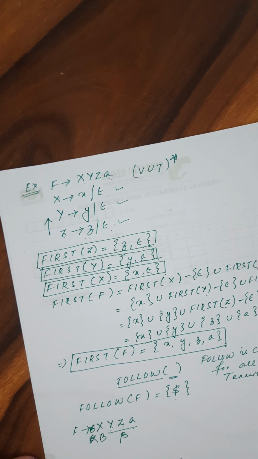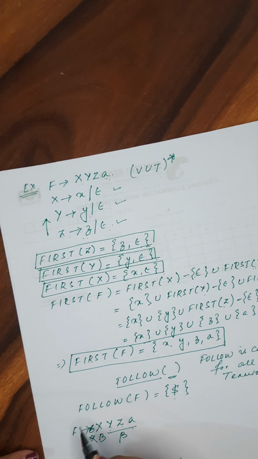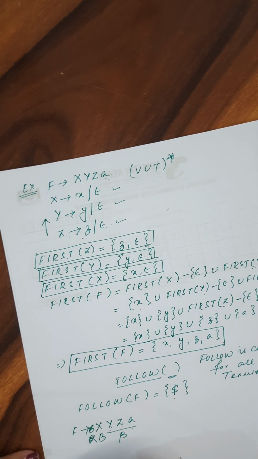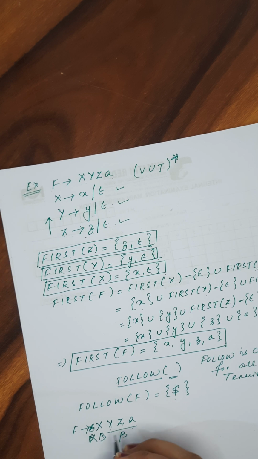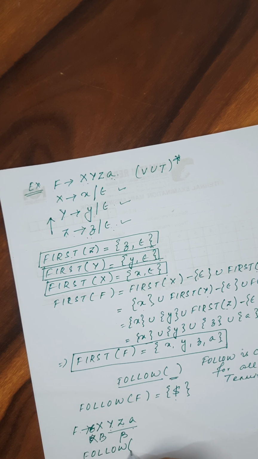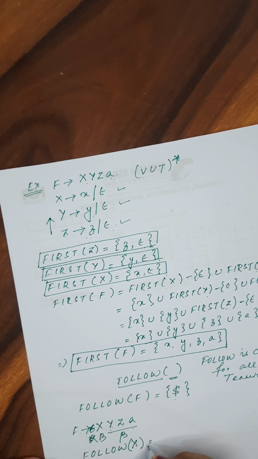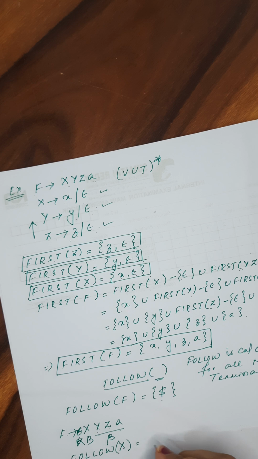The formula was: everything in the first of beta besides epsilon will be placed in the follow of B. What is B over here? X. So, what I will take? Follow of X is equal to first of beta.